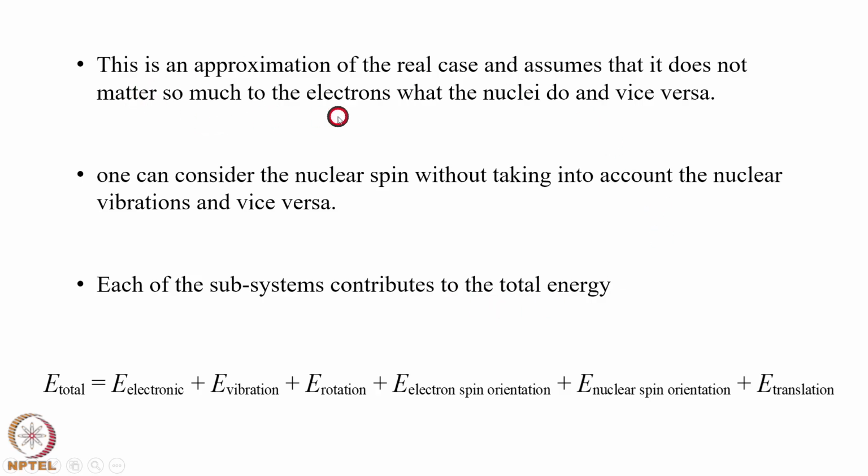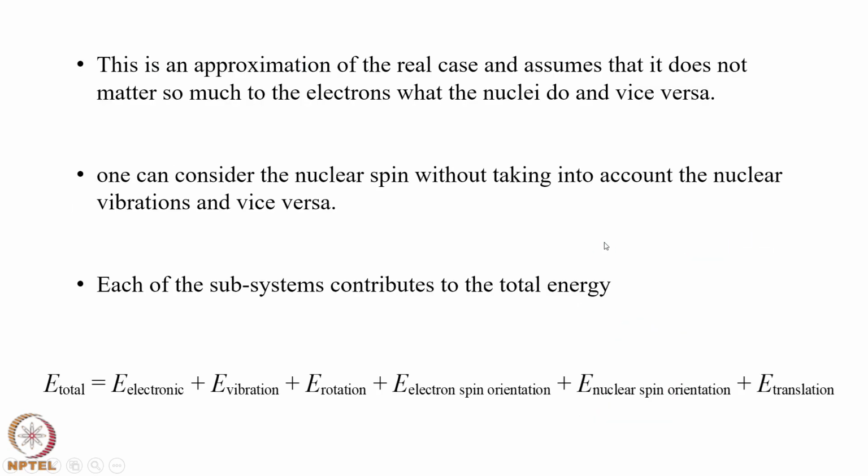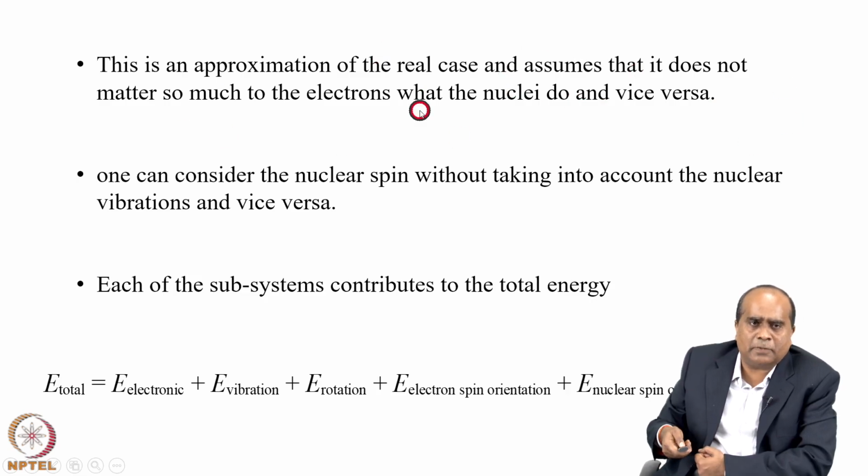This is an approximation that we take in spectroscopy, and we assume that it does not matter so much to the electron what the nucleus does. Although they are in the same atom, the protons and neutrons in the nucleus and the electrons on the outer shell do not much affect each other. That is the major assumption. Similarly, the protons and neutrons are not much affected by what the electrons are doing. So they are quite independent of each other, right. So in the real case it assumes it does not matter so much to the electrons what the nuclei do and vice versa.